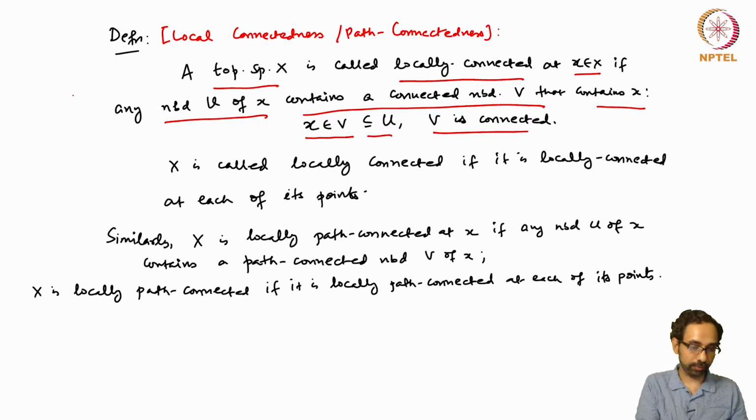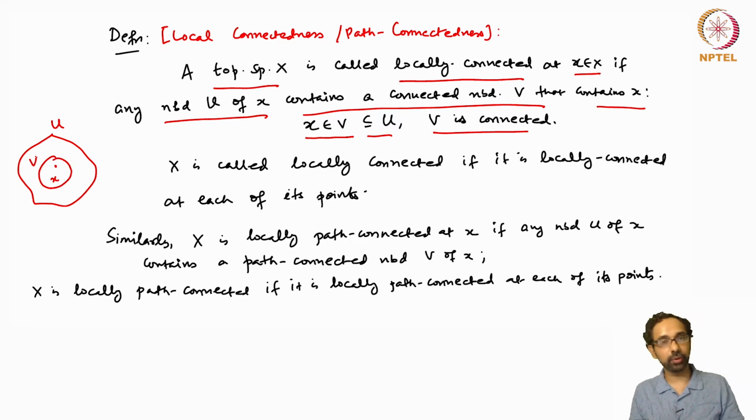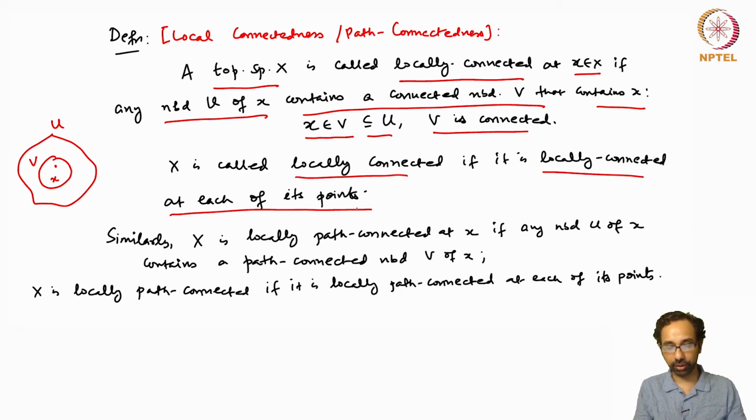So you have some point x and an open neighborhood U of x, and then there is a smaller neighborhood V of x which is connected. So X is called locally connected if it is locally connected at each of its points. So every point has this property.